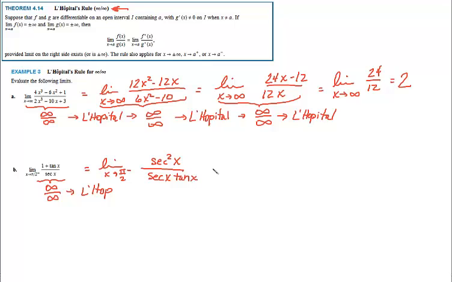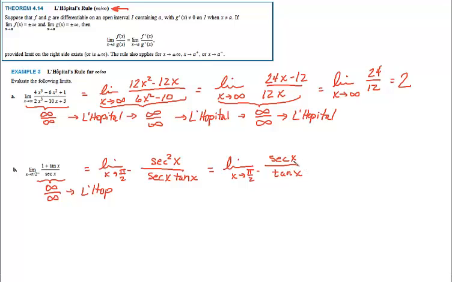This simplifies a little bit, so I'm going to go ahead and do that. The limit as x goes to pi over 2 from the left, I'm just going to have secant x over tangent x.